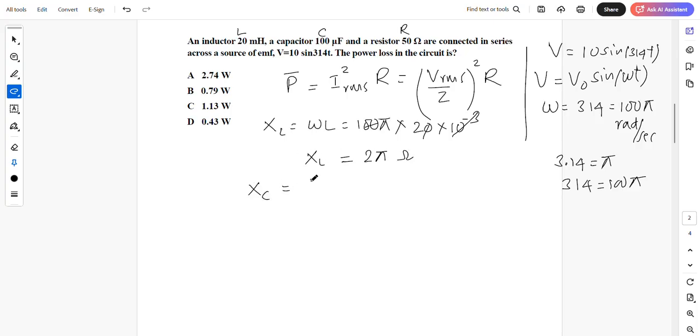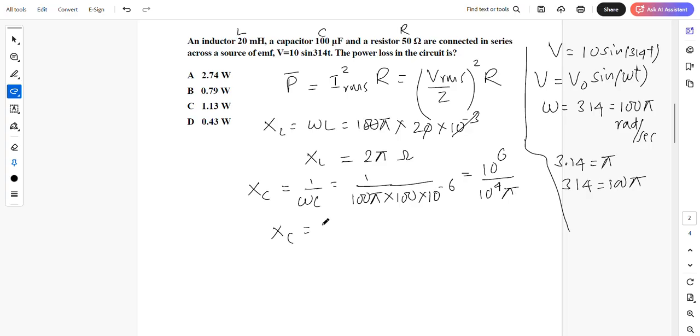XC is equal to how much? 1 by omega C. That is equal to 1 divided by omega, which is 100 pi, into C, which is 100 into 10 to the minus 6. That is equal to 10 to the power of plus 6 divided by 10 to the power of 4 pi, so you are going to get 100 by pi.